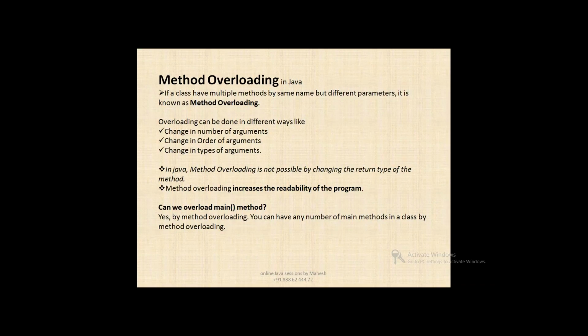And another way is change in order of arguments. So I will take you to an example. First let me take you through a simple example, the first type, change in number of arguments. One by one we are going to discuss.